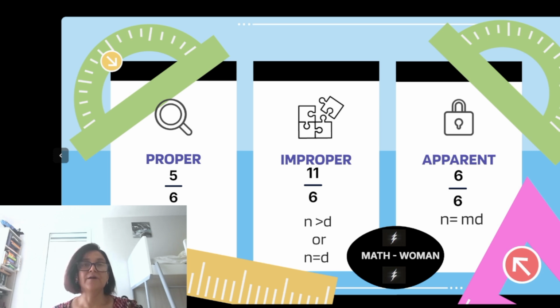And so we have for every natural number, 12 over 6 is the number 2 because 12 divided by 6 equals 2. Proper fractions are worth less than 1, while all the others are worth 1 or more.